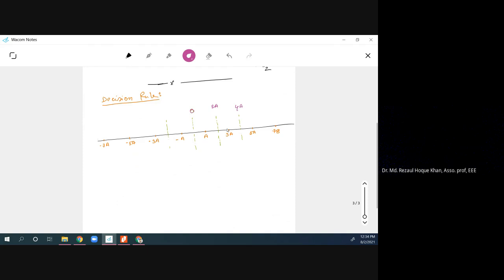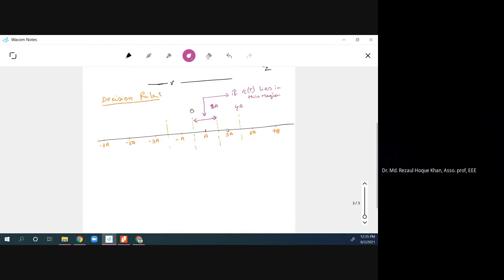Now, from plus A to twice A, if our received signal r(T) lies in this region, what will we decide?